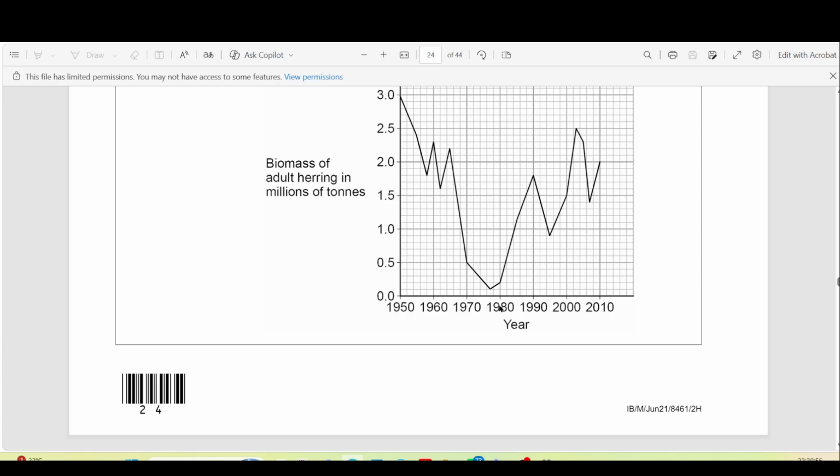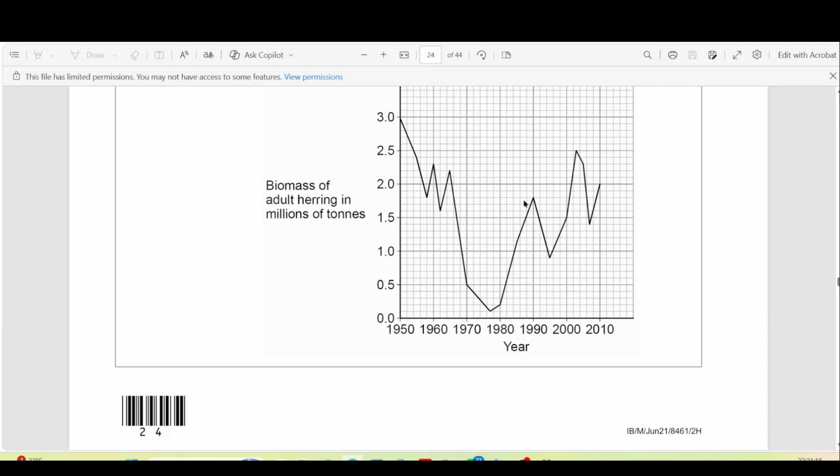During this time, there was a clear recovery because it was totally banned. Biomass again rose significantly after 1980, right? And in early 1990 it is around between 1.5 to 2 million, right?